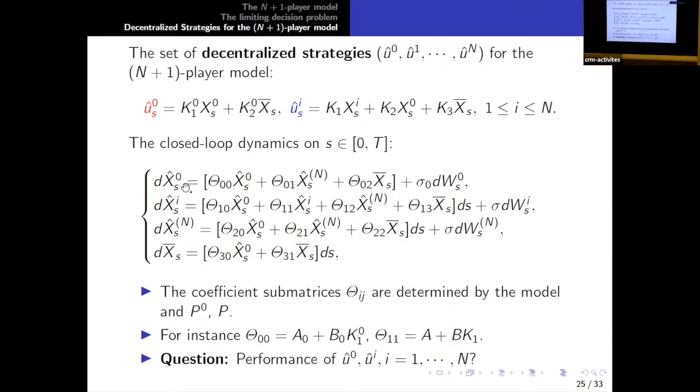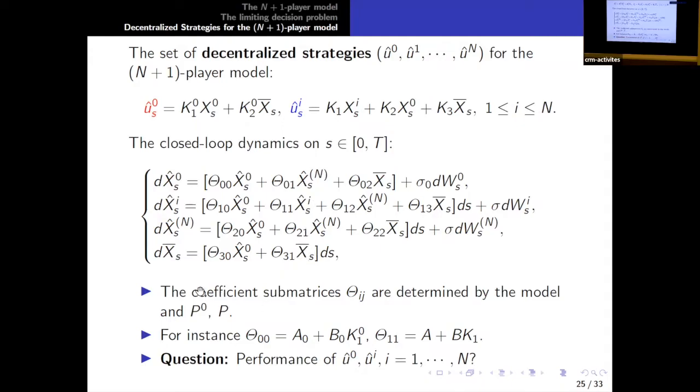In this case, from the point of view of the major player, it sees its own state, and in the actual dynamics, it sees its own state, then the state average, and then this artificial state, which is used to approximate this average.